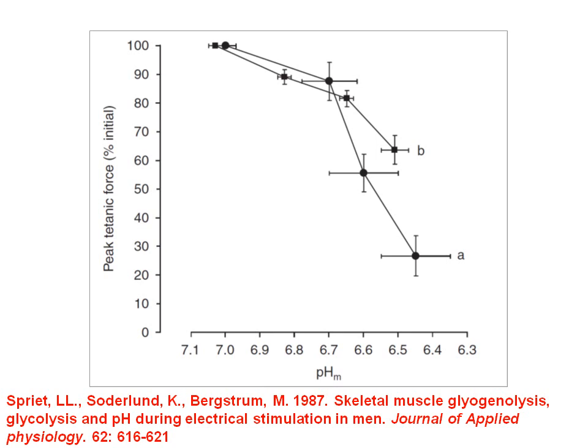This is a condition where they've exposed the cell to quite acidic environments, slightly different to what we're describing in terms of substrate metabolism. But the example is spot on: as the cell becomes more acidic, that is, the pH decreases, the peak tetanic force produced at the muscle declines quite substantially.